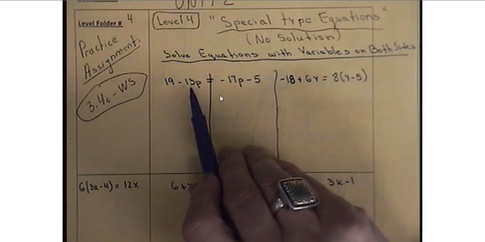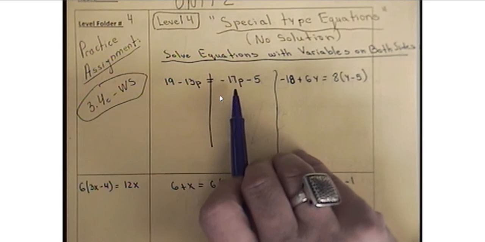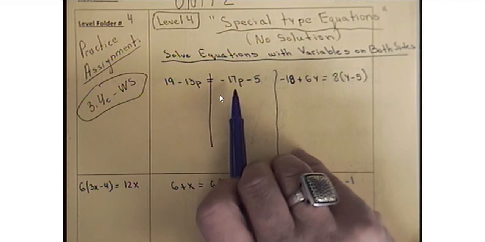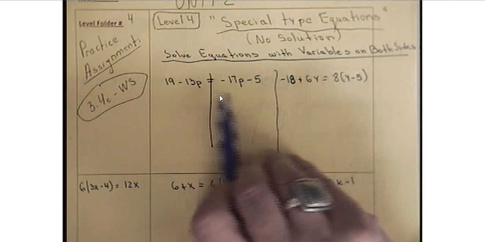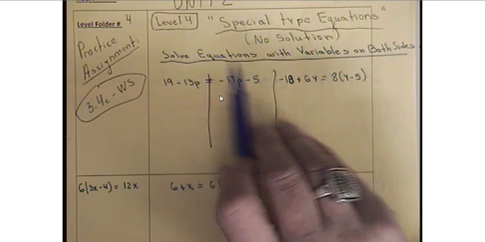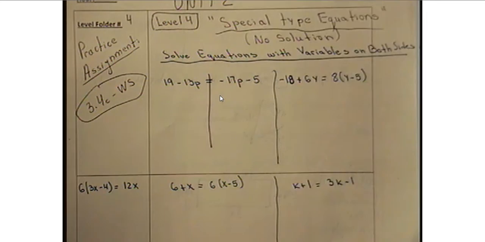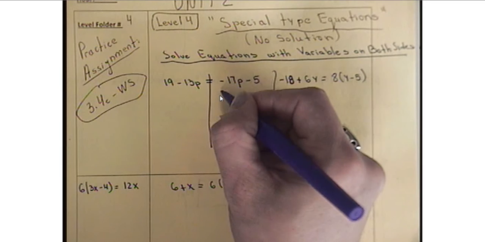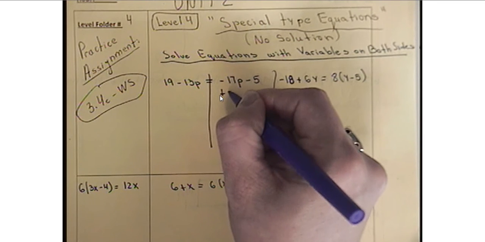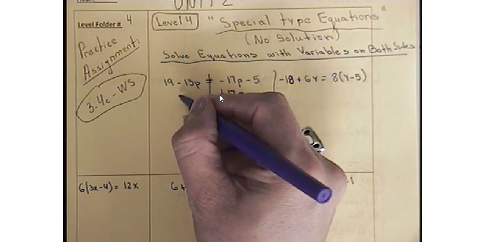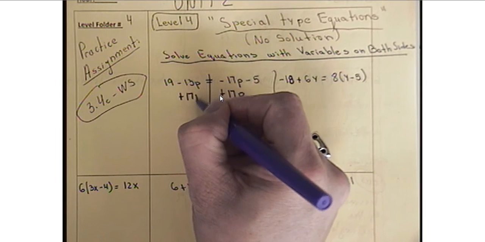We have negative 13p on the left, negative 17p on the right. I want to combine those. You can choose which one you want to move away. Let's say negative 17p needs to go to the left. So negative 17p, the opposite of this will be plus 17p. And we do plus 17p on both sides.